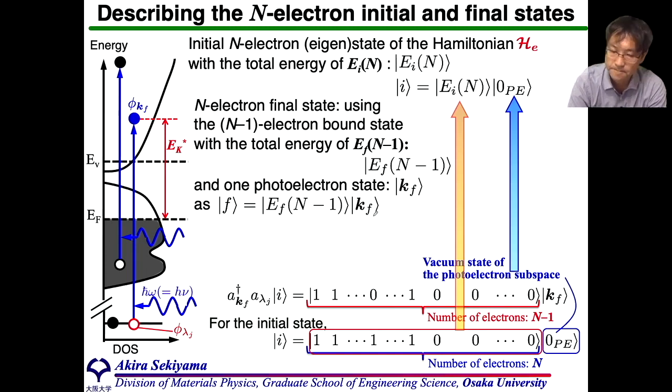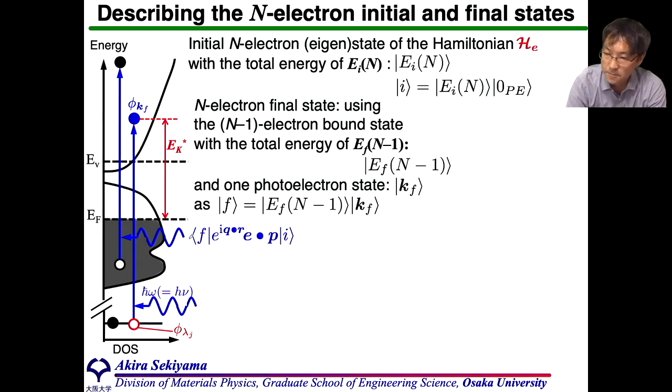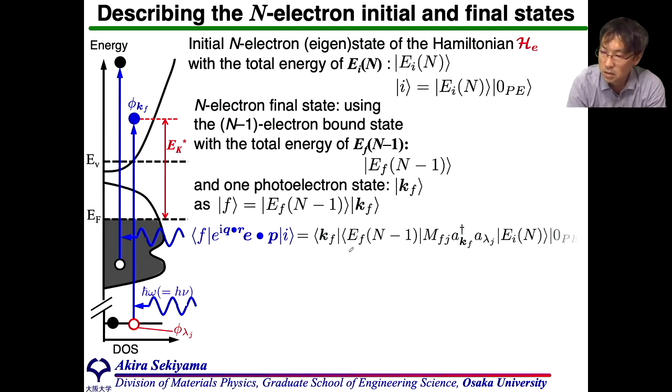Then we can obtain the matrix element like this. This is simply putting the final state here and the initial state here, and expressing the photoexcitation process by using second quantization as this.